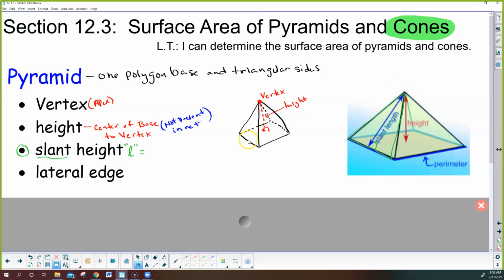I'm going to draw it in on my shape, but if I connect the center, and it's usually the center on a right prism, it's always the center of a side length to the vertex. If you draw that line, notice it's not straight up and down, it's not like the height, but it's actually the height of one of the triangular sides.